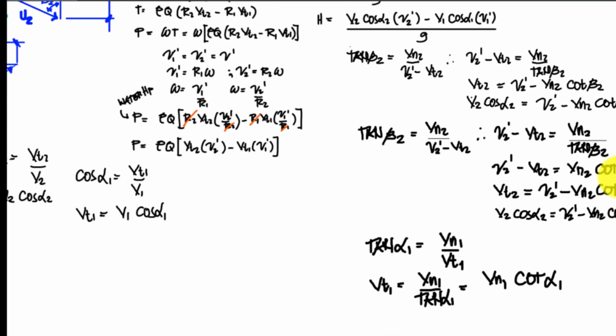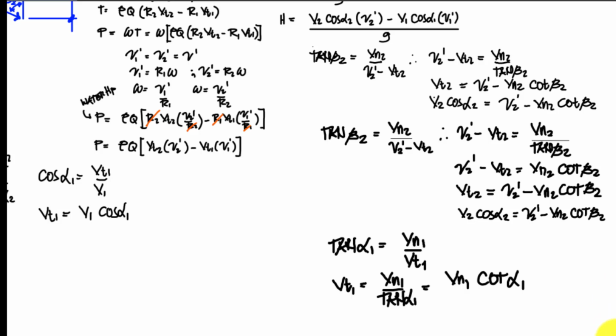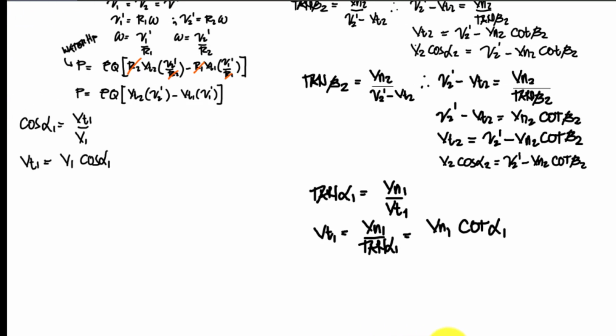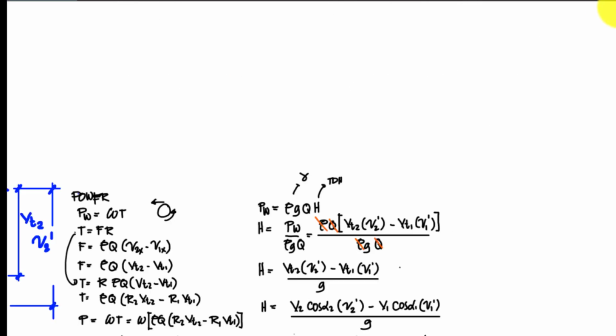So substituting that, we rewrite the equation here. We have absolute velocity 1 cosine of alpha 1, which is now equal to the normal velocity 1 times my cotangent of alpha 1. So notice this one, this will be absolute velocity 1 cosine of alpha 1. So let's check here.